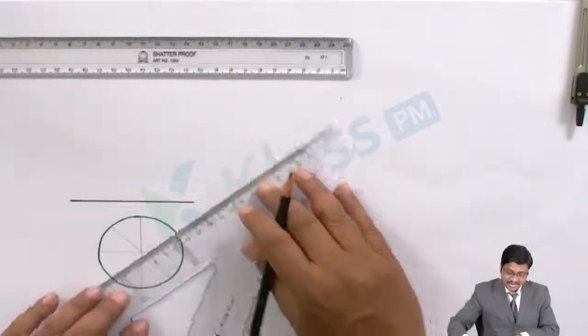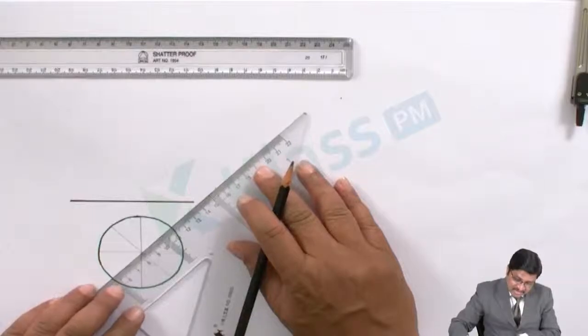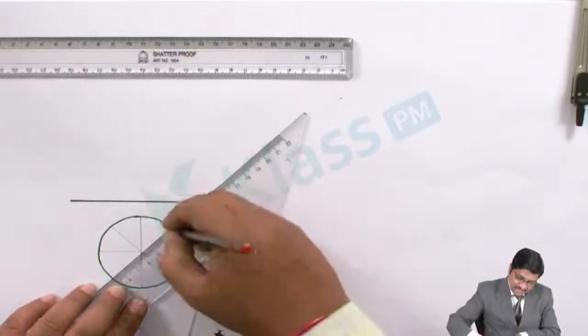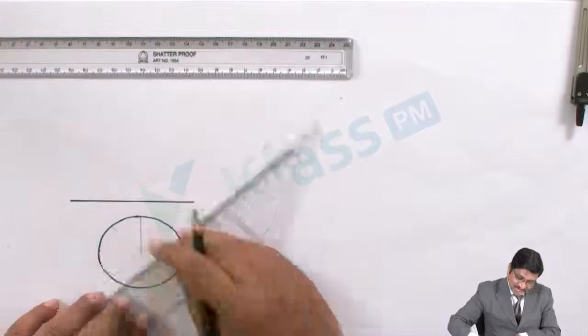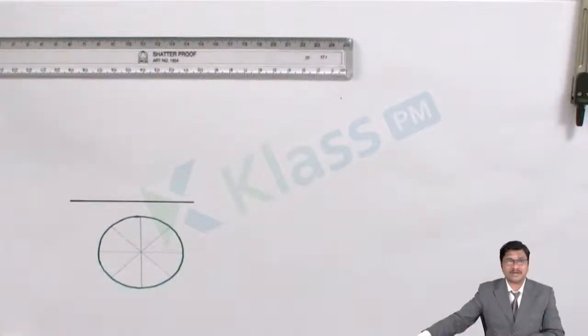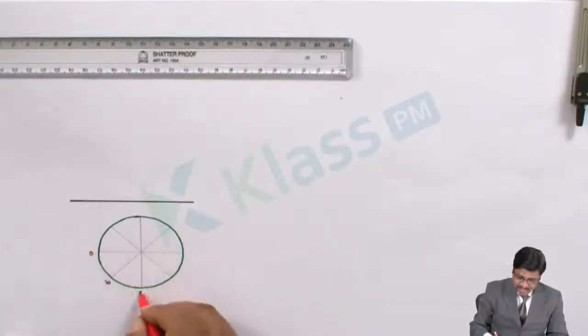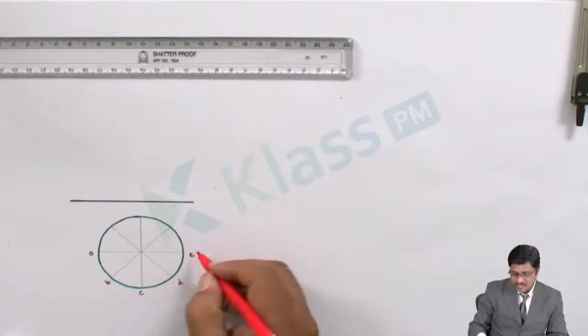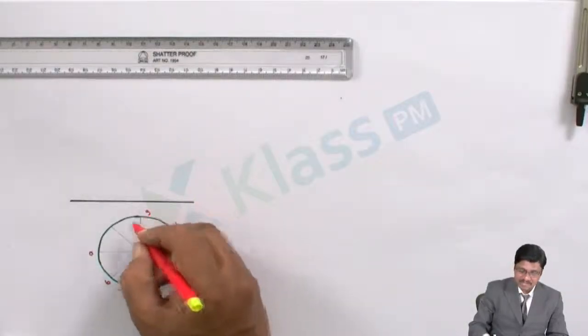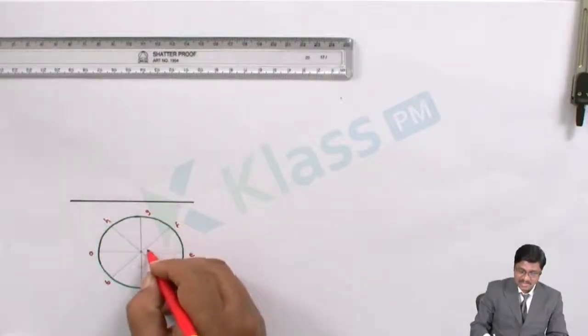Similarly on the other side. You have divided it into 8 equal divisions. After that, label every point: A, B, C, D, E, F, G, H, and the apex will be O.